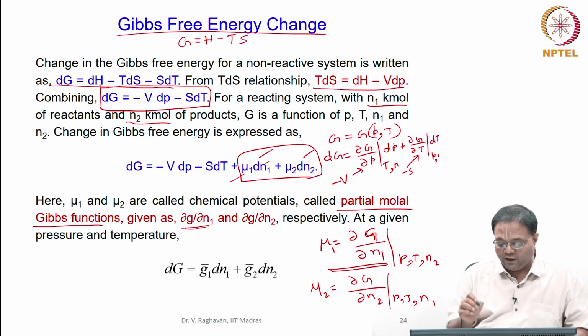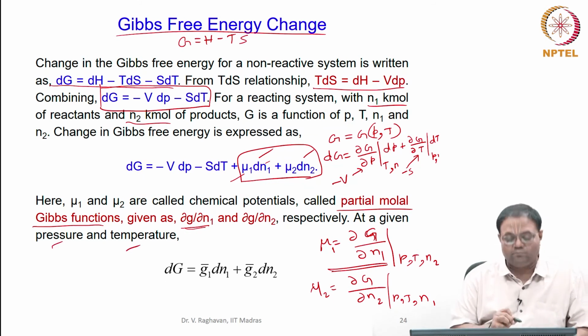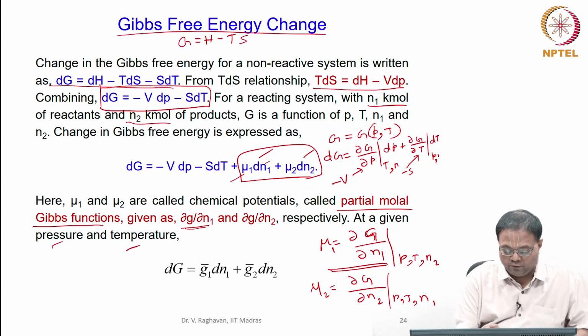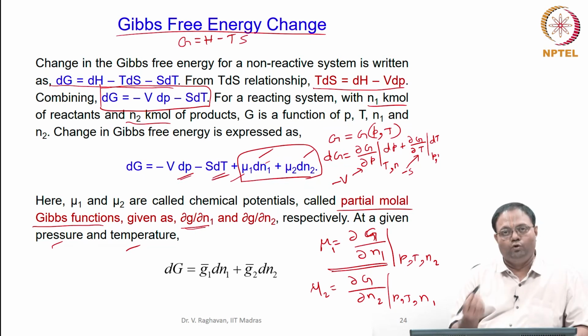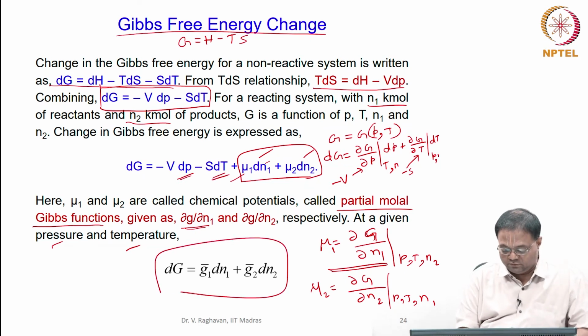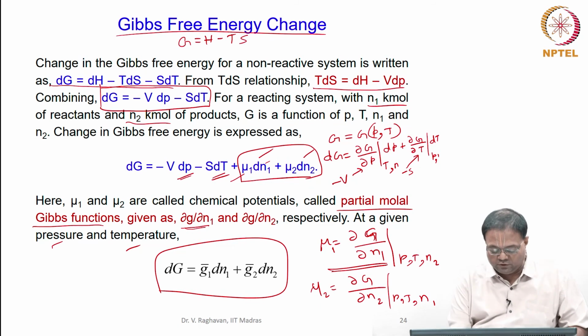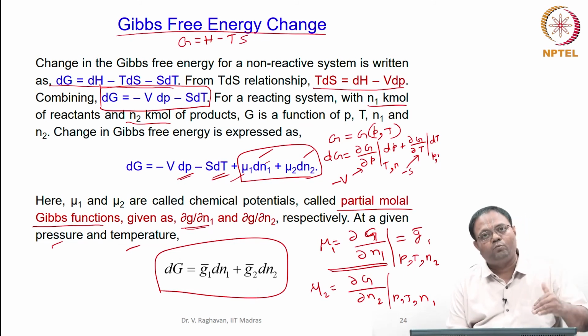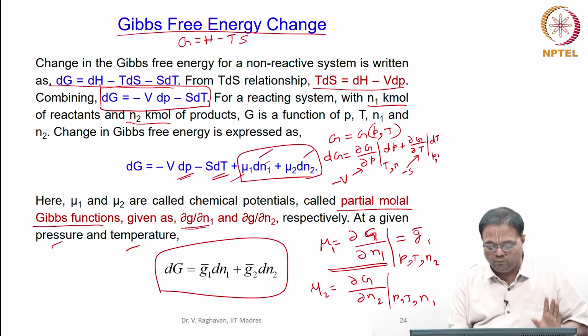Now, at constant pressure and temperature, the terms dP and dT go to 0. So you can write it like this. I am just now changing mu1: dou G by dou n1, the partial molar change, I am writing as g1 with an overhead bar.